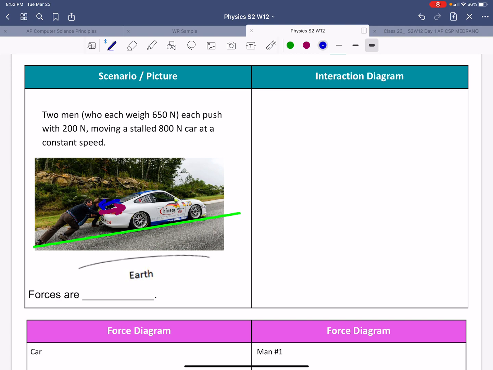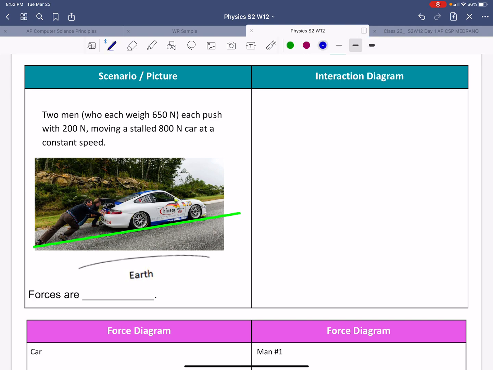We also have the men pushing on the ground, so their feet. You can see right here especially that their feet are pushing in this direction. And then the ground is pushing back so that they are not slipping and falling in the other direction. All right, so let me get back to that.